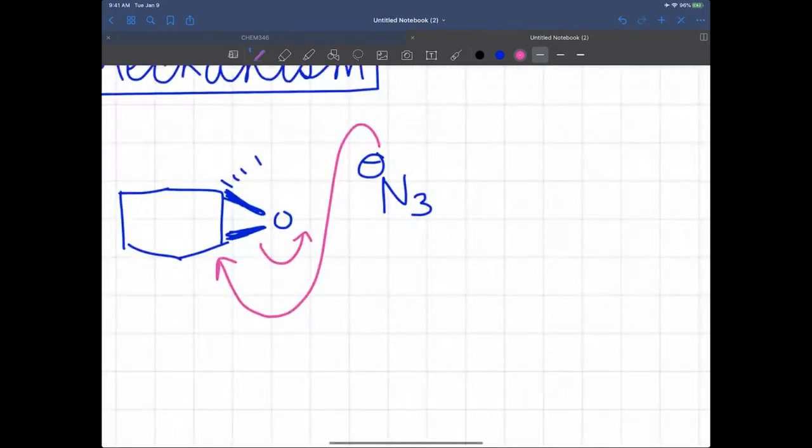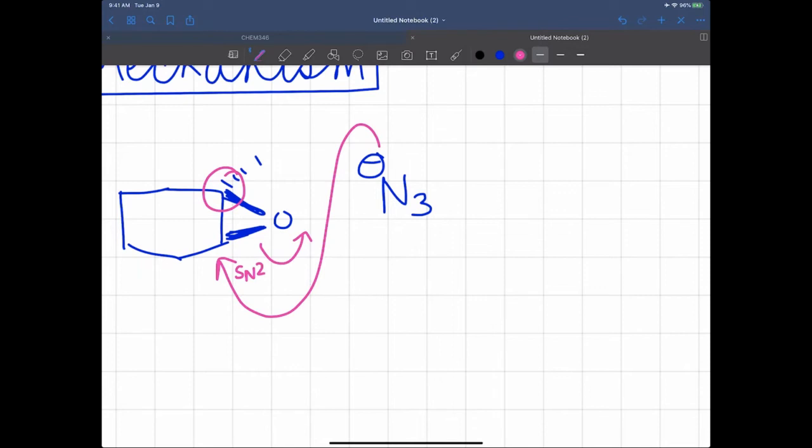So SN2 occurs here. Did SN2 occur right here, the one I circled? No. So should I leave the stereochemistry alone or should I invert it? Exactly.